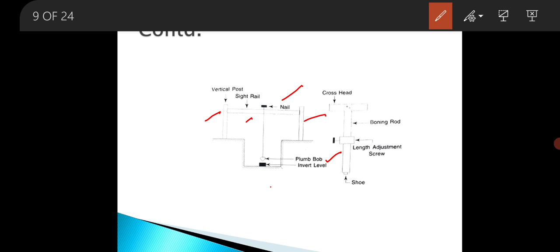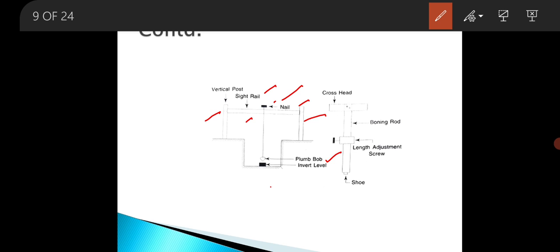So first we will mark the center point on the side rail, which is at some distance apart from the ground level. This center line is marked with a nail and transferred to the ground by means of a plumb bob.